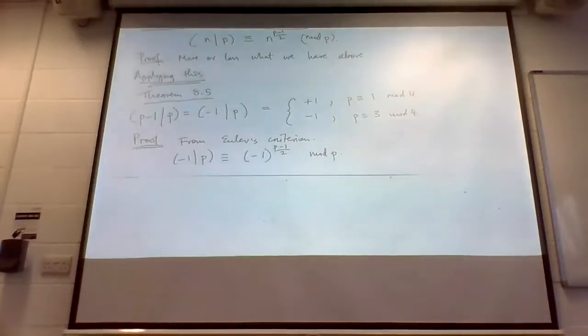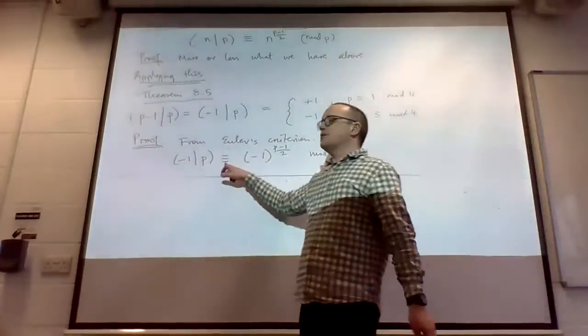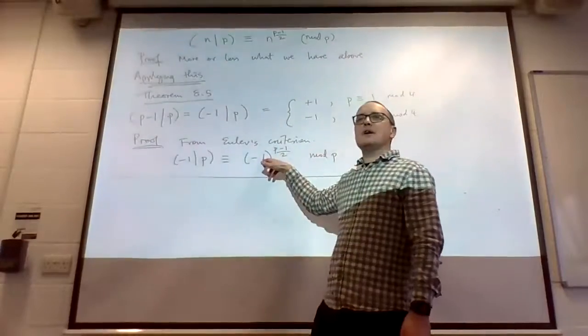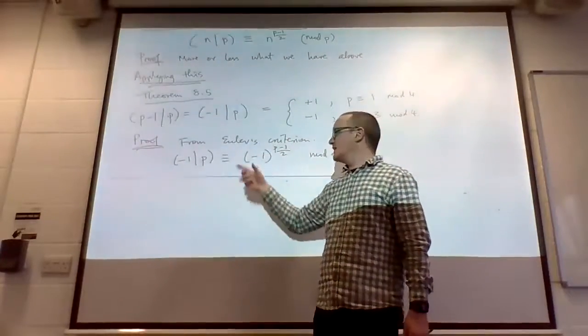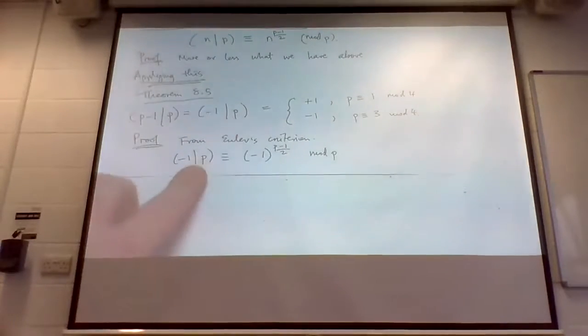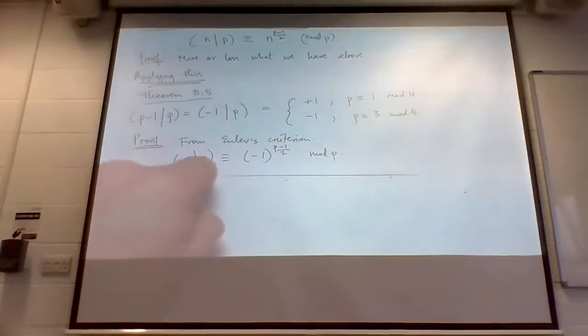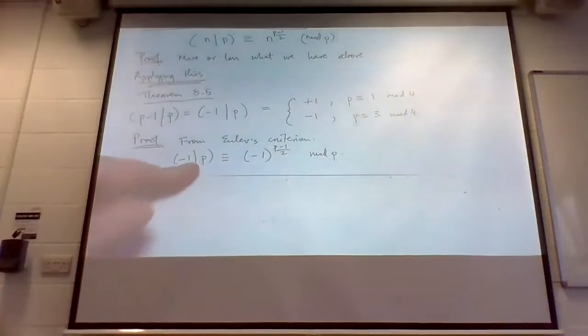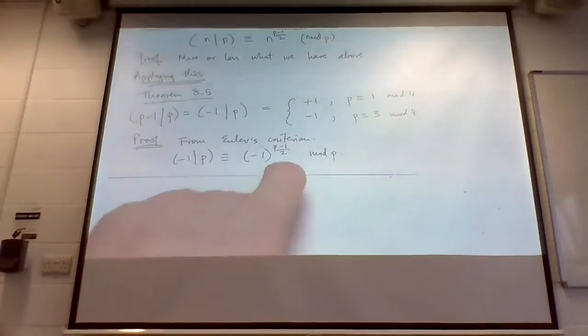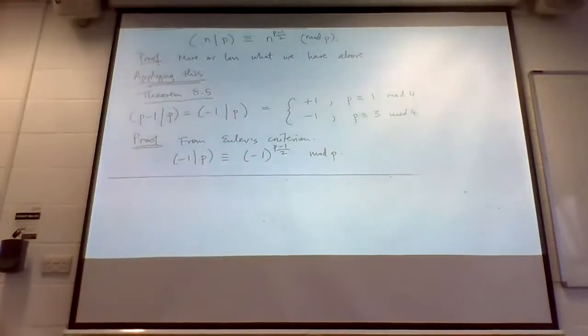Now Euler's criterion says that these are congruent. But in this case, when you're dealing with minus 1, you can actually say a little bit more: you can say they're equal. Because the thing on the left is by definition plus 1 or minus 1, depending on whether minus 1 is a residue or not. But the thing on the right is a power of minus 1, and powers of minus 1 are either plus 1 or minus 1.